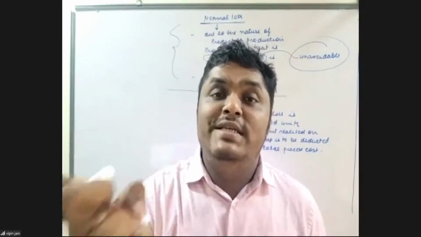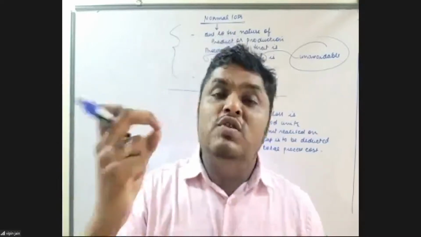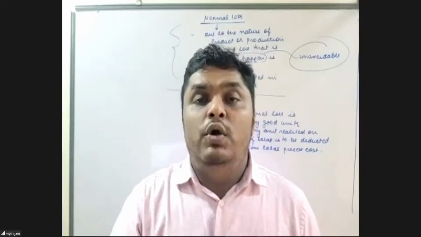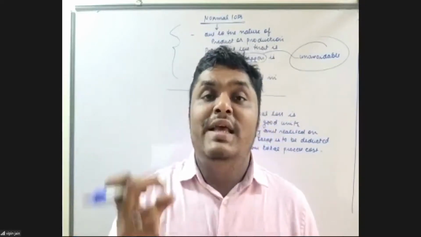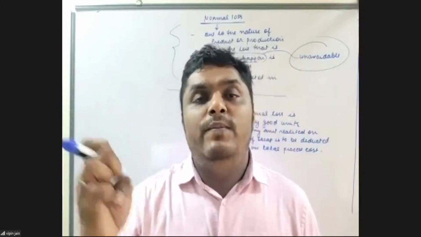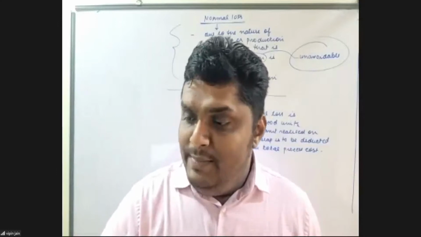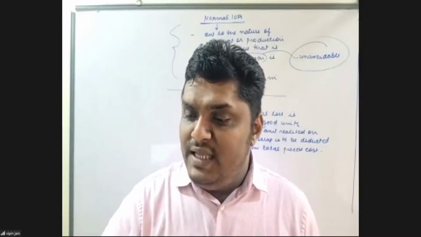Normal loss की वजह से product cost inflate होगा. Further, if any amount is realized on sale of scrap, it will be deducted from the total process cost or the total product cost. I'll be discussing this part with the help of an example.